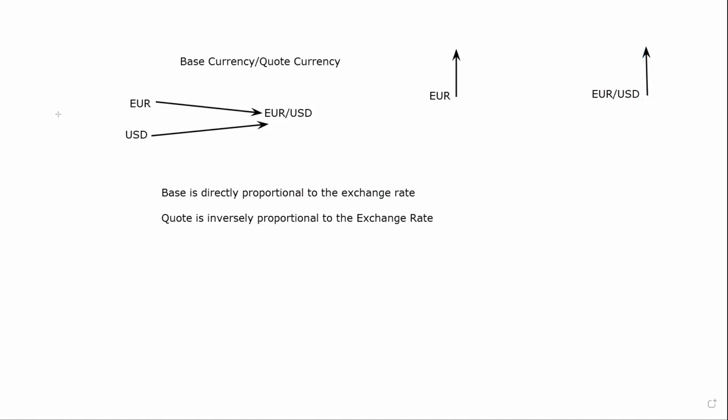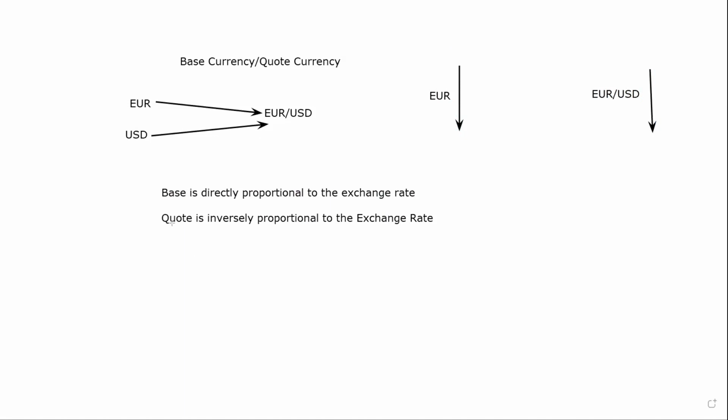When the price of the Euro goes down, the exchange rate will also go down. Why? Because the base currency is directly proportional to the exchange rate.